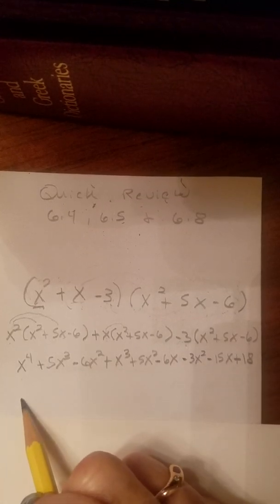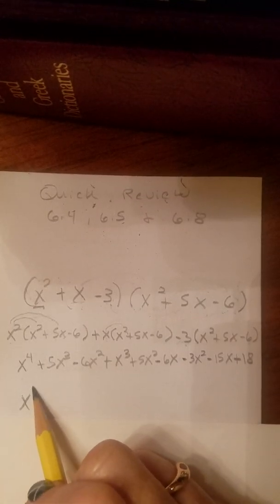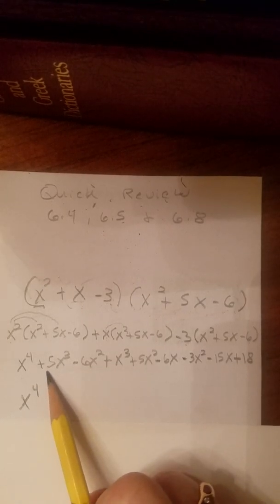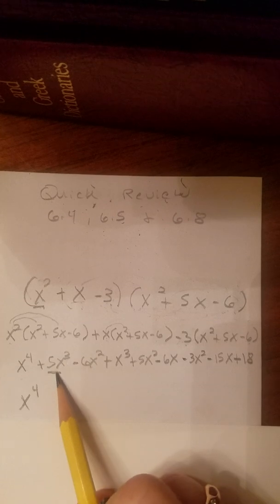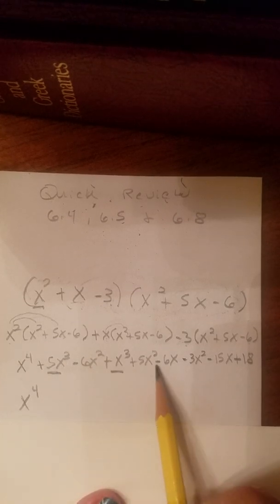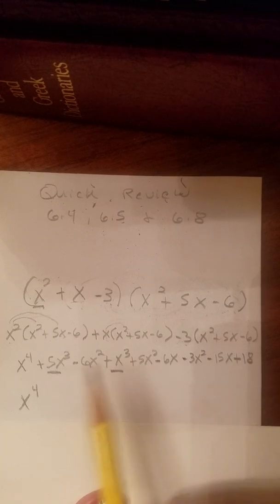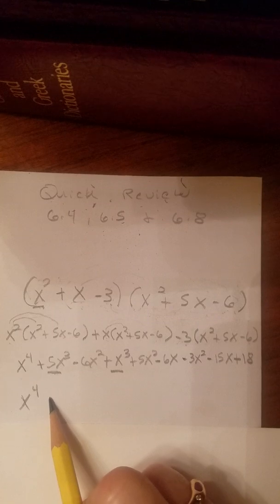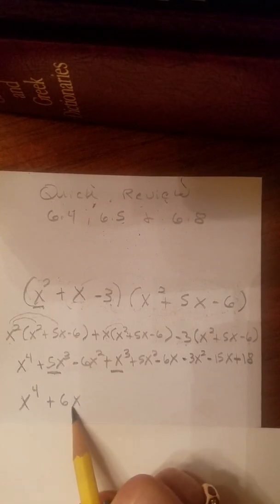No. So I can bring this x to the 4th down. Here I have x cubed. Are there any other x cubed? Well, here's an x cubed. No others. So 5x cubed plus 1x cubed gives me 6x cubed.